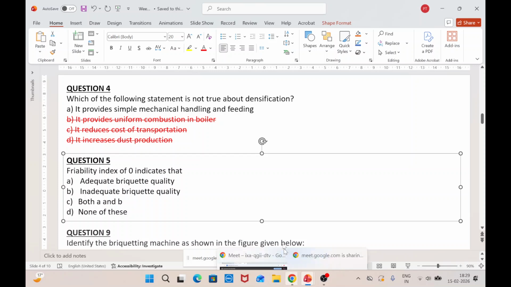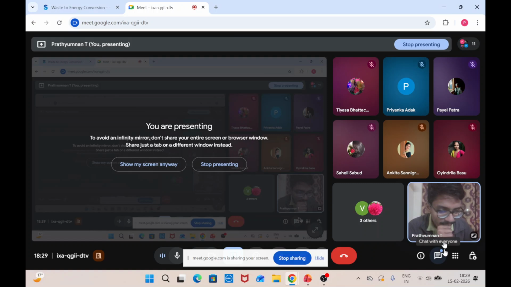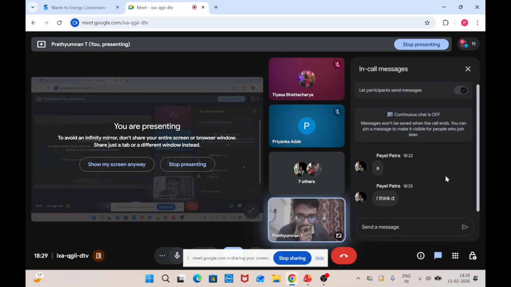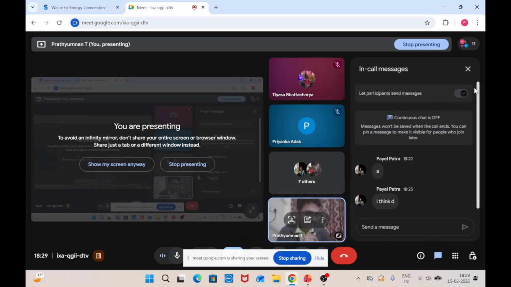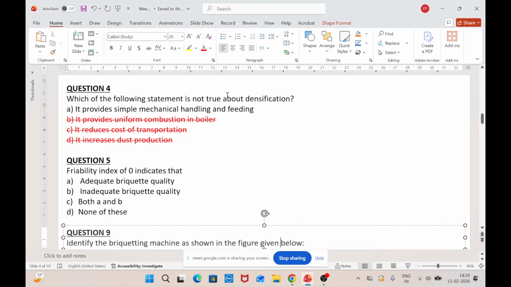Yes. Oh, okay, sorry. This is the previous one. So, densification, yes, it does mean that the handling is simple, but mechanical handling and feeding are also complex processes, right? As I said, screw press, a roller press and pellet machine.